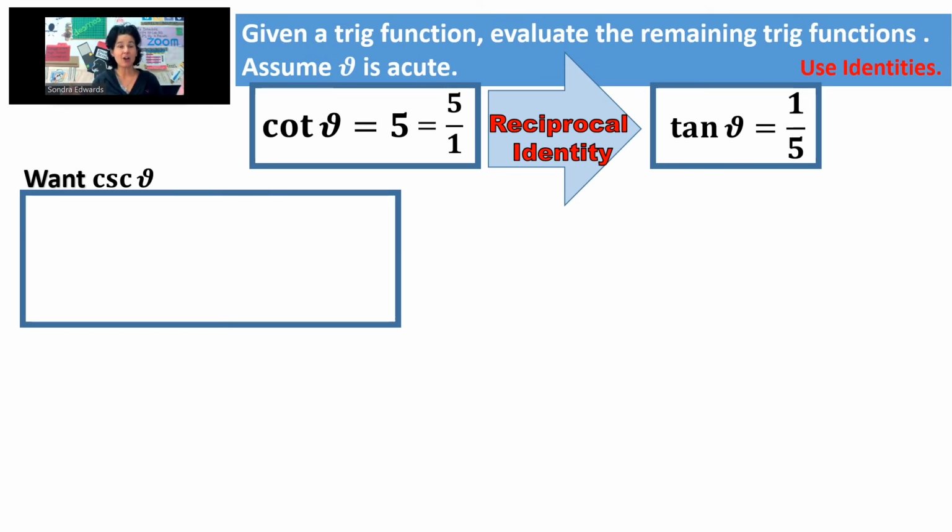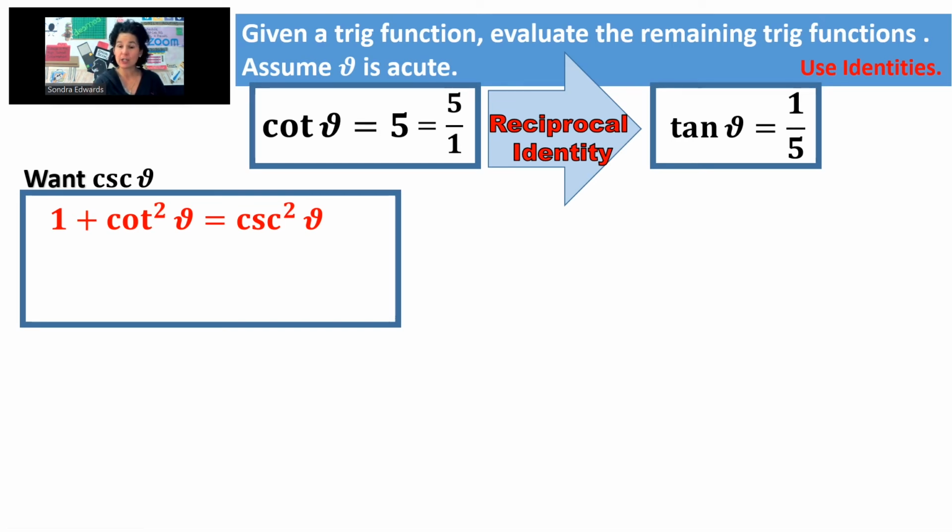Now from here, to decide which identity you want to use, you want to choose one that contains the trig function you're trying to find and one of the trig functions you know the answer to. So in this case, I'm going to use 1 plus cotangent squared of theta equals cosecant squared of theta, since I would like to know cosecant and I already know the answer to cotangent.